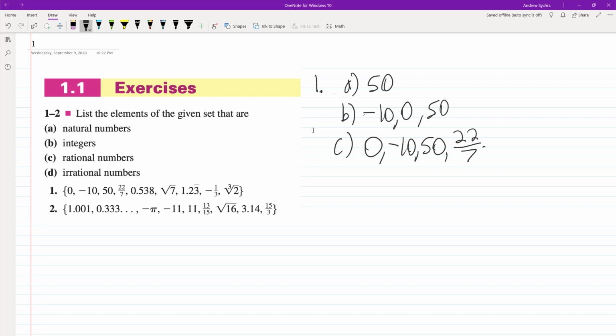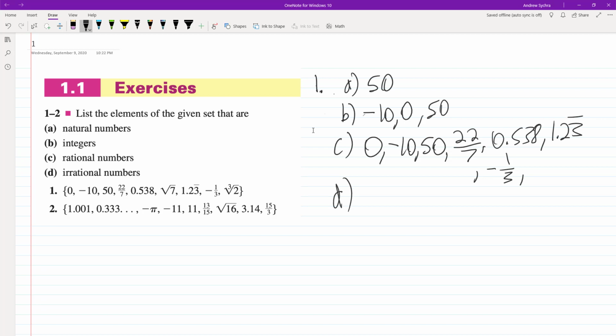That's actually a value that's used on calculators that don't have pi. 0.538, 1.23 with the 3 repeating, negative 1/3, and that's it.